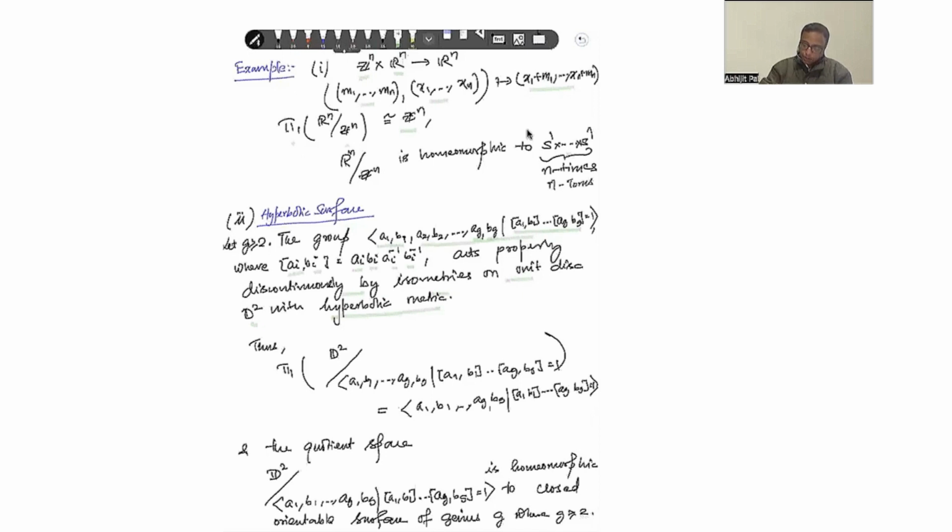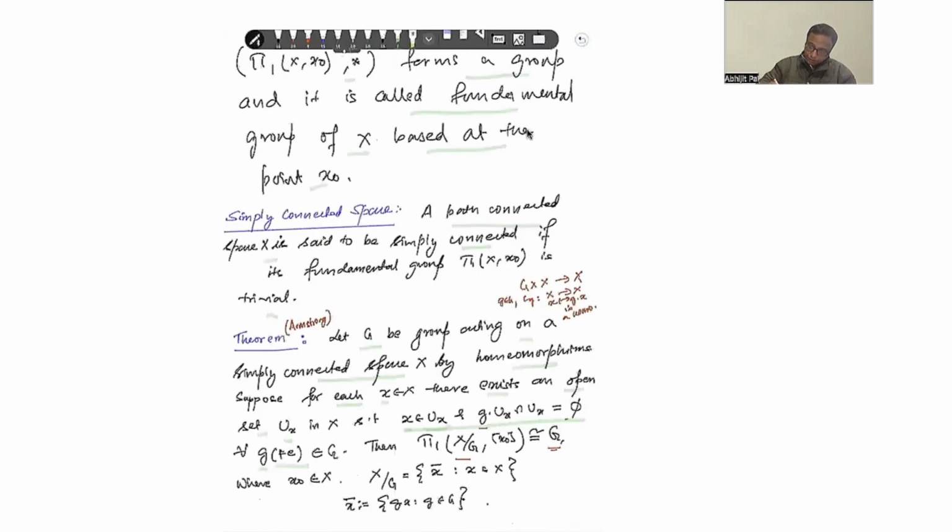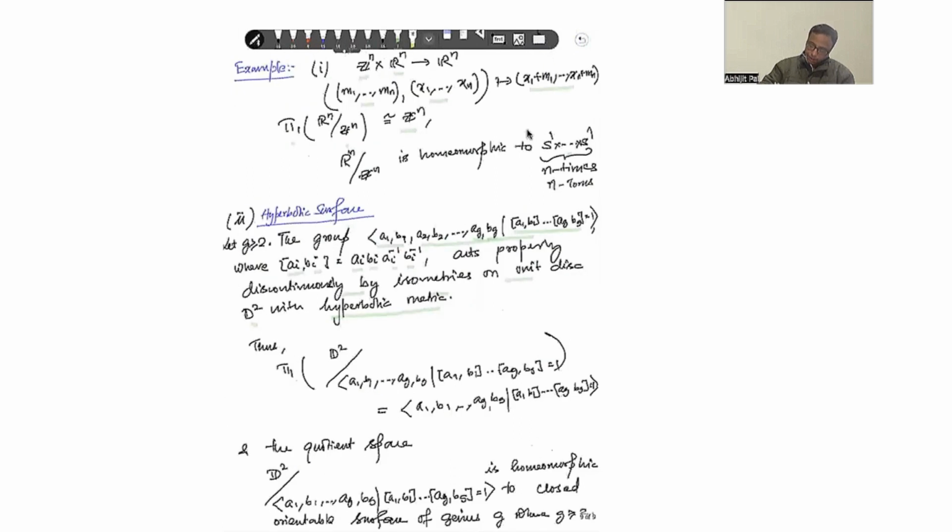From that you can prove that this action will satisfy this property, and therefore from that theorem, the fundamental group of the quotient space is isomorphic to this group.